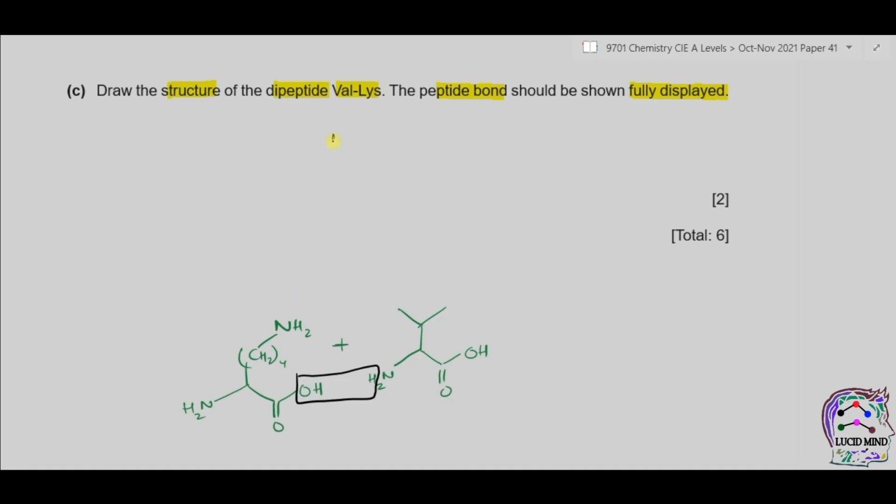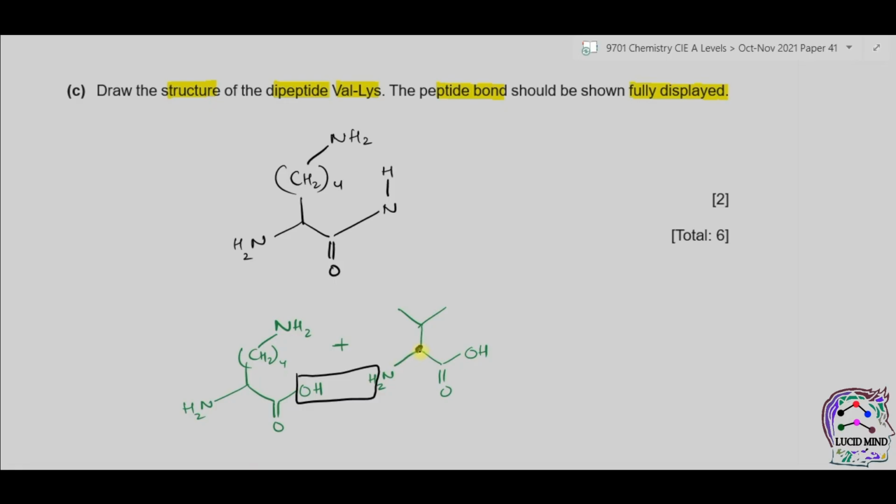We have NH2, then (CH2)4, then we have this NH2, and on this side we have the carbonyl carbon, and now nitrogen is also attached. One hydrogen atom is still left on nitrogen.